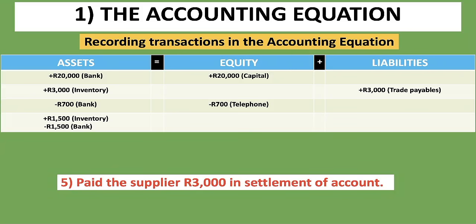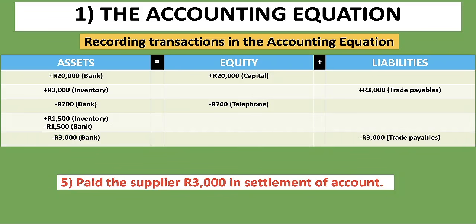Remember, we're settling the supplier's account. So we're going to have minus 3,000 Rand under bank, which is an asset, and minus 3,000 Rand under liabilities for trade payables because we are clearing the trade payables, or the amount that we owed others is reducing because we're paying them. And you can see our assets still equal equity plus liabilities.